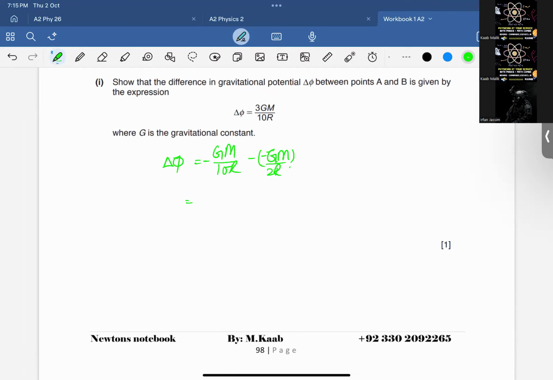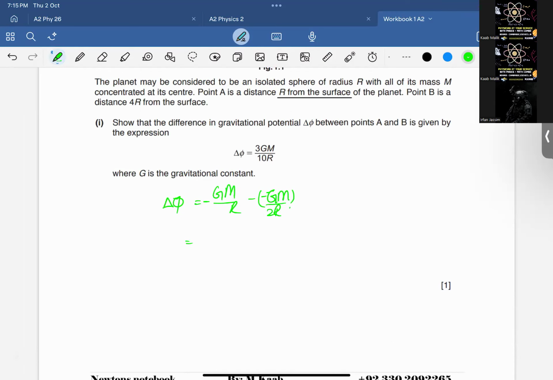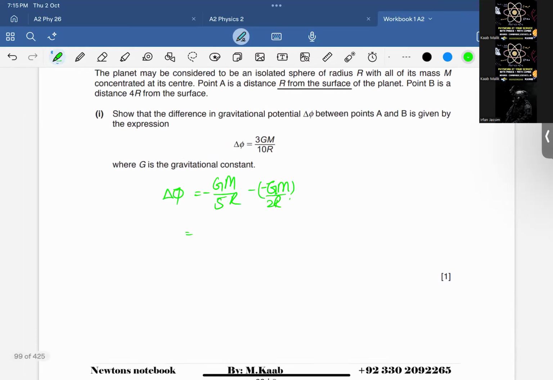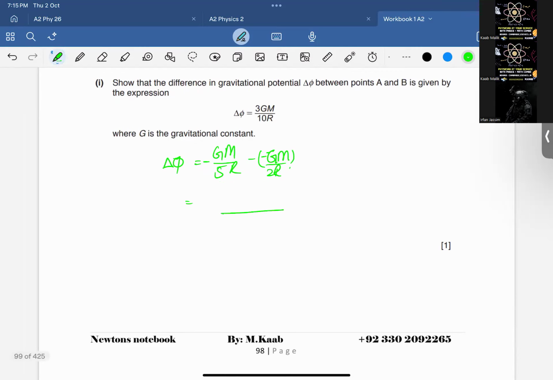It's not 10r, it should be 5r. So now you can take the LCM, so the denominator gets 10 and 2GM, with a negative sign, minus minus plus, and then 5GM.